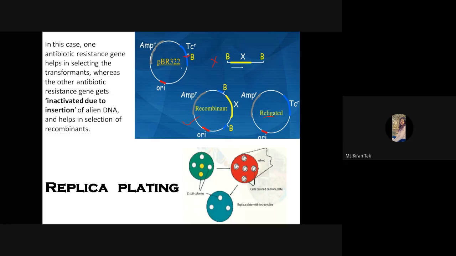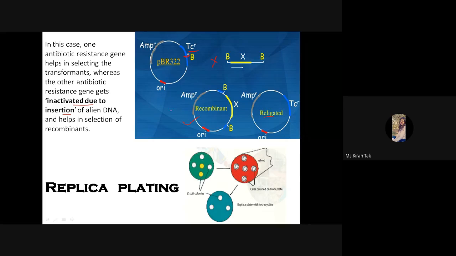In this case, if the plasmid contains the gene of interest, the tetracycline resistance is inactivated, because the gene of interest enters inside the tetracycline resistance gene. That is known as the inactivation of the tetracycline resistance gene because of the insertion of our gene of interest.